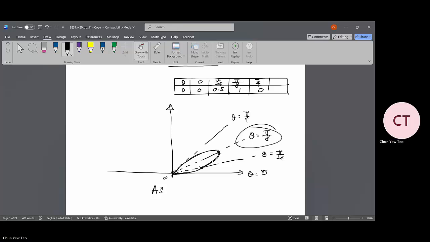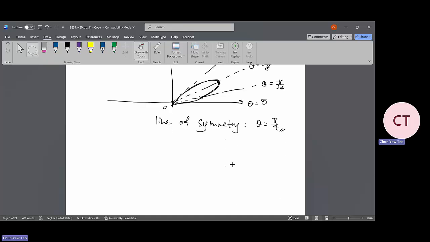We just write the line of symmetry is theta equal to pi over 4. So this will be the answer for question number 7b.